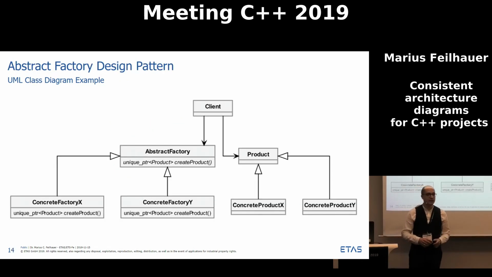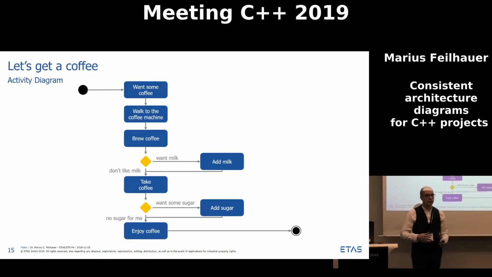A better one we'll see later on more often is this example that was drawn by a tool named PlantUML. Here a class diagram, it's the abstract factory pattern you've probably also heard quite often. And we'll dig into this example more deeply. Here an activity diagram, how to get some coffee.